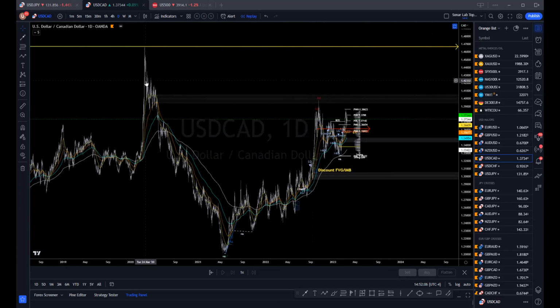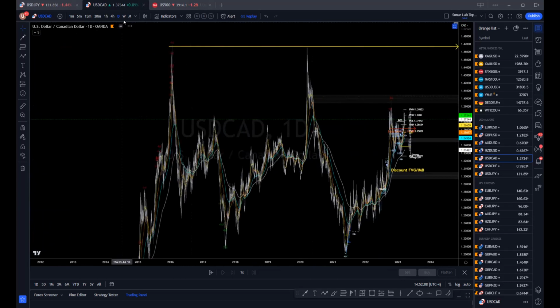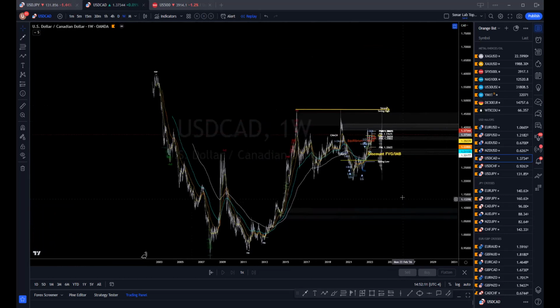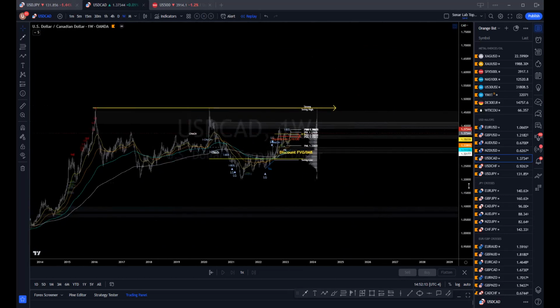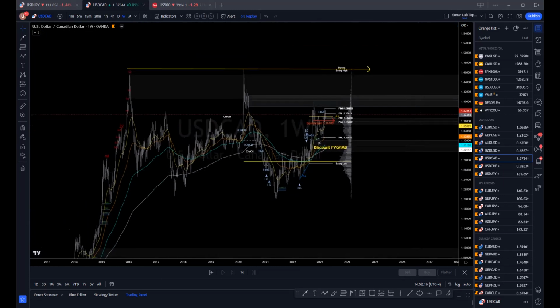And if you're looking over here in March 2020, go ahead and pull the weekly. Could we go that high? That is the question. Could we go this high before we start to come back down?